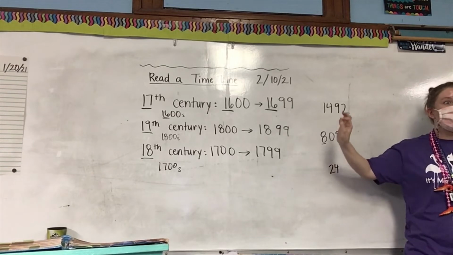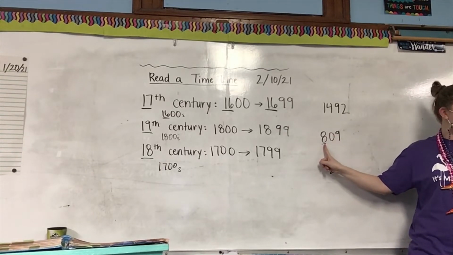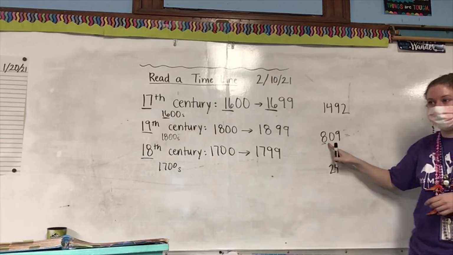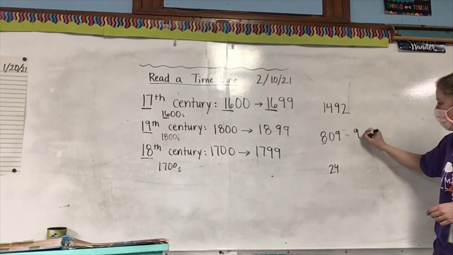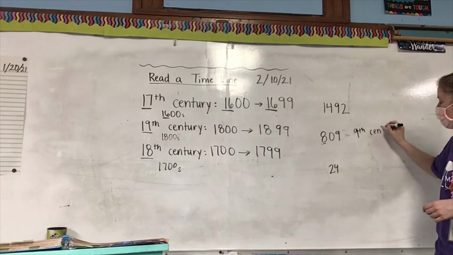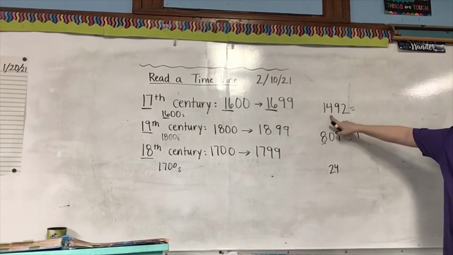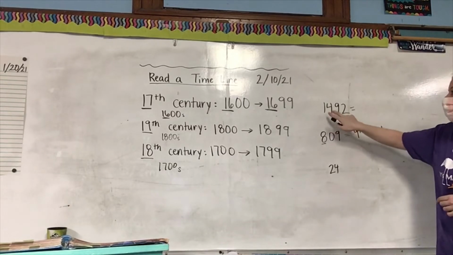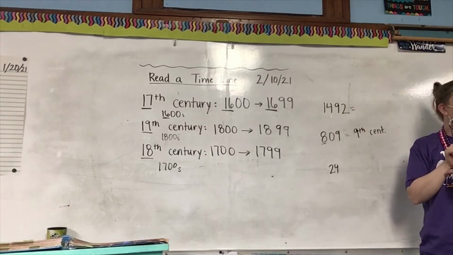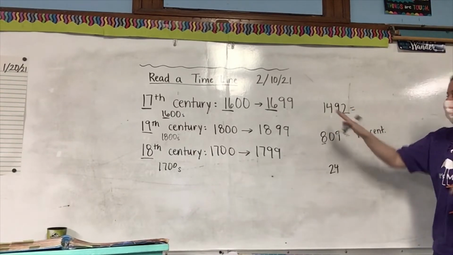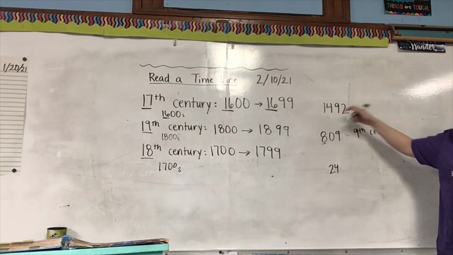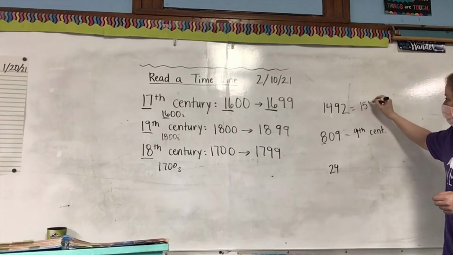If it's a 3-digit year, we add 1 to the first digit, and that's the century. So 809, the year, happened in the 9th century. If it's a 4-digit year, we add 1 to the first 2 digits, and that's the century. So if it happened in the year 1492, we add 1 to the first 2 digits, 14, to get the 15th century.